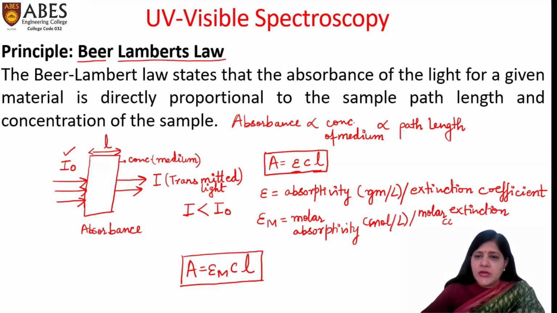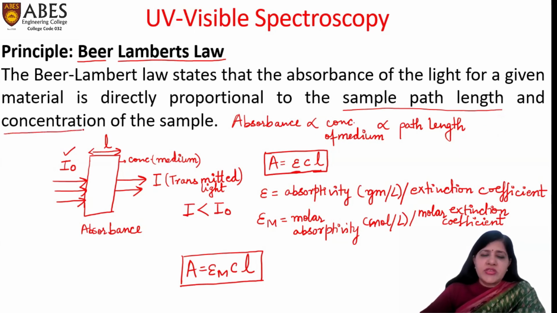So these are the names of the constant of Beer-Lambert's law. If I relate the statement of Beer-Lambert's law with the mathematical statement, the absorbance of light for the given material is directly proportional to the sample path length, which is the distance traveled by light, and it depends on the concentration of the sample.